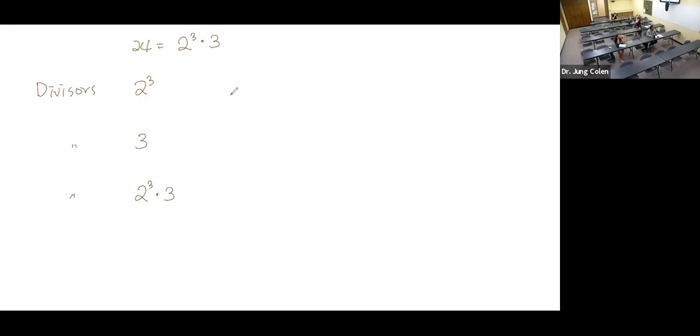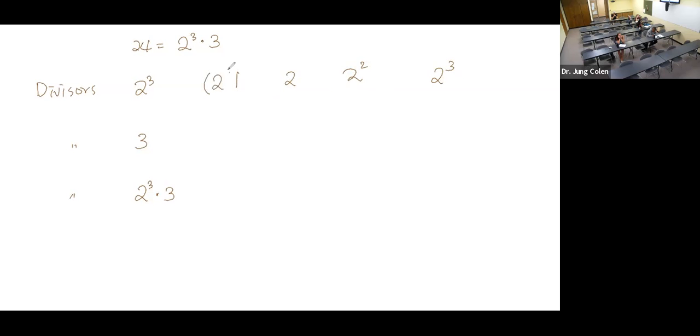1 does, right? We know that 1 and itself. We also know that it's divisible by 2. It's also divisible by 2 squared. Right? These two are complementing each other. 2 times 2 squared is 2 cubed. 1 times 2 cubed is 2 cubed. We can rewrite this with base 2.